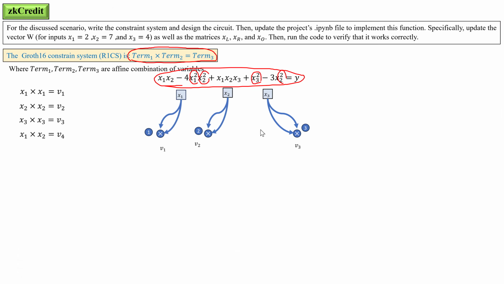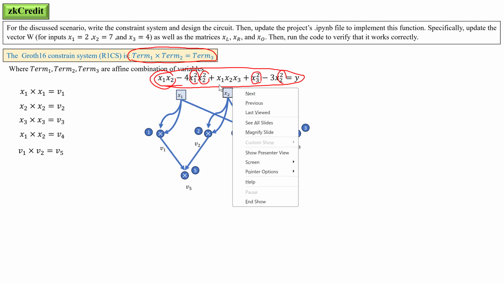And then we multiply x1 and x2 to have this part as v4, and then multiply v1 and v2 to have v5, and finally, okay, so this is v5, right?